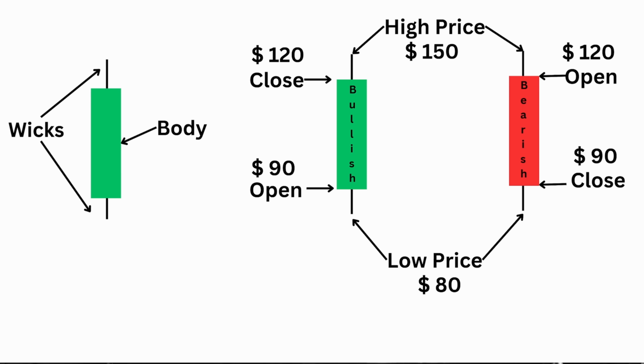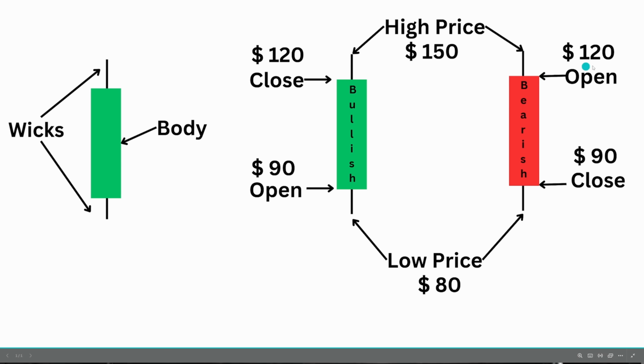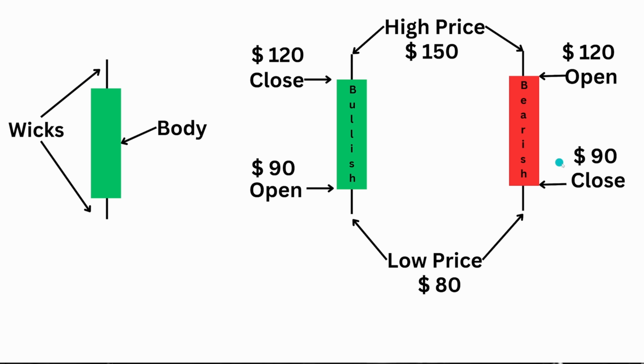The other stock that you see here opened at $120 and closed at $90. So that is the boundary of the body of this bearish candle. And the high price for this stock during the day was $150, and the low price for this day was $80. So this is how I would explain the wicks.